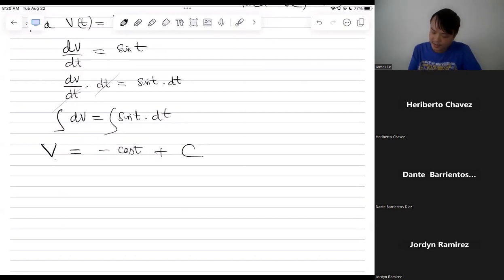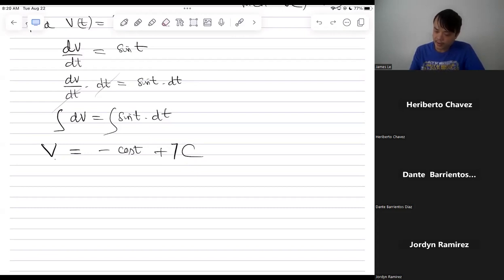Think about if I write C here, and someone doesn't like to write C, they write 7C. Still correct, because C and 7C are just a constant.